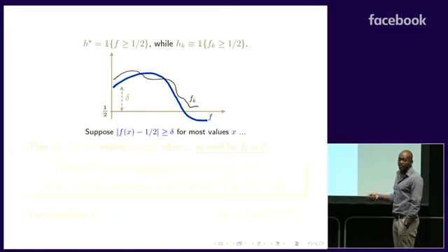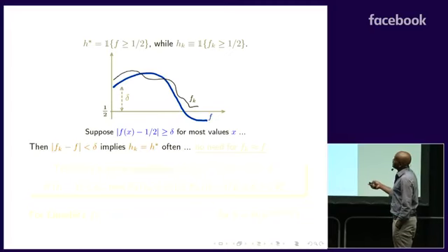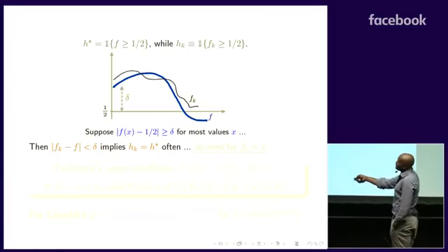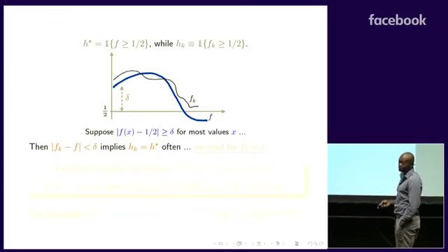If it is very far from 1/2, then what that means automatically is that we don't need f_k to be very close to f in order for h_k to have the same sign as h star. As long as f_k is on the same side of 1/2 as f, we have zero excess error. So in other words, if the difference between f_k and f is less than delta, then h_k should be equal to h star in this whole region.